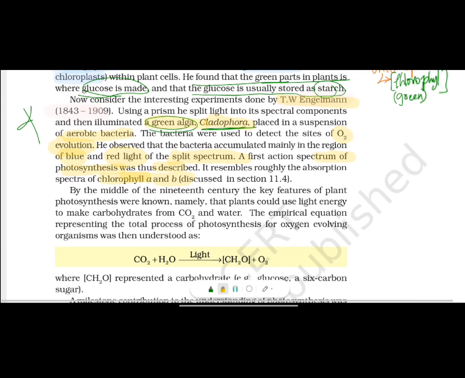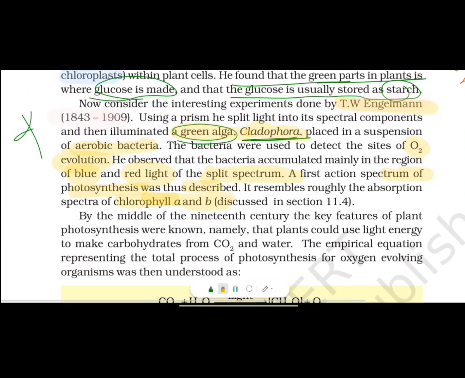Okay, so I'll just conclude this. The name of the scientist is T.W. Engelmann. What did he do? He took a prism and then he took green algae, Cladophora, placed in a suspension of aerobic bacteria. It's aerobic, so it needs oxygen.